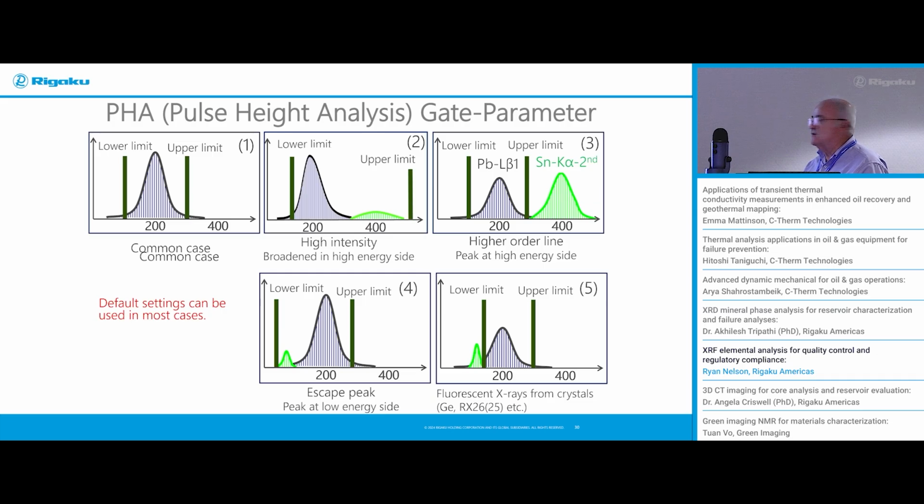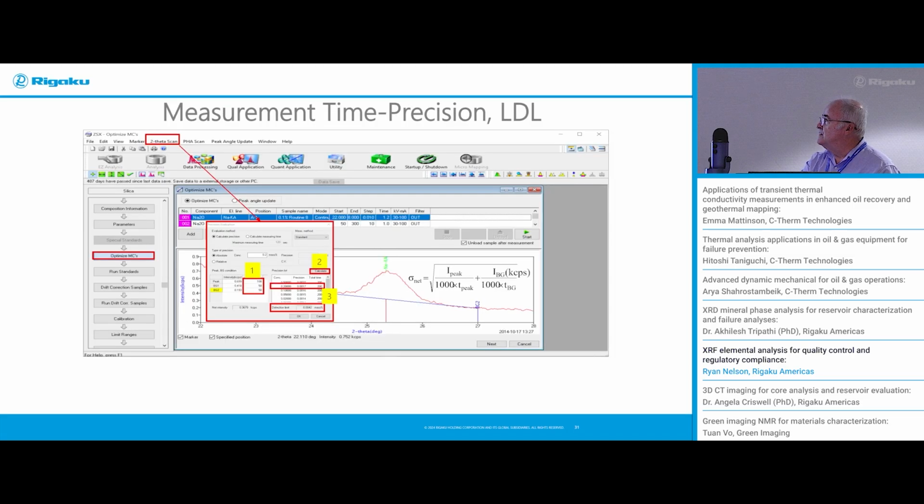And also increase your counts by moving the gate to the left and right. And you can estimate your precision. So it's very important before you commit to an 8-hour calibration that you know what time will yield your SOP LDL and your throughput. So you can use this formula here, and you can estimate all of your conditions for your setup.